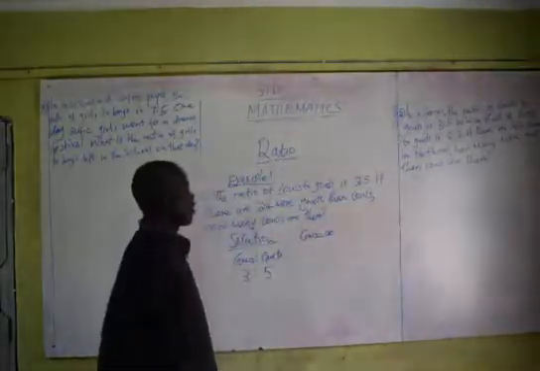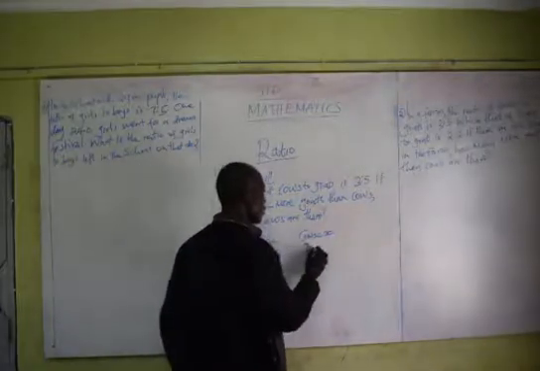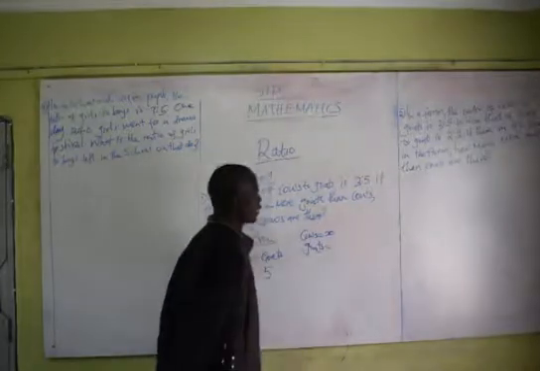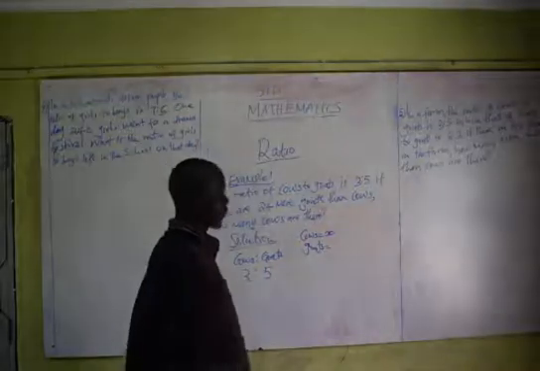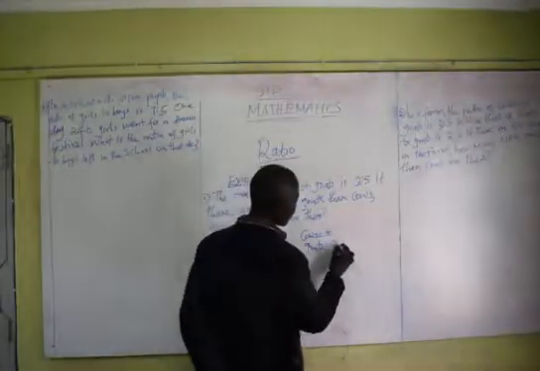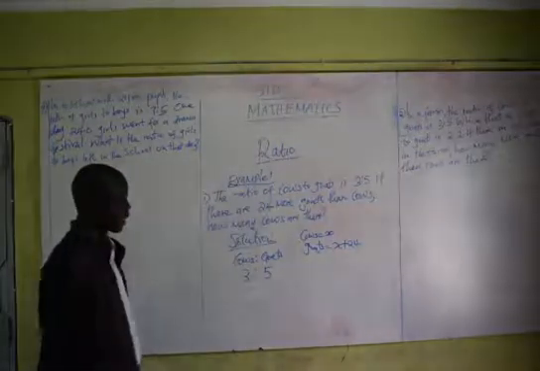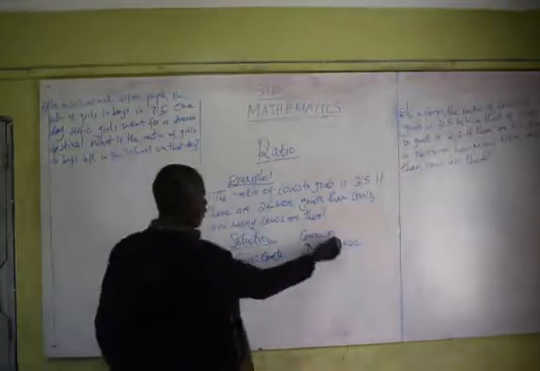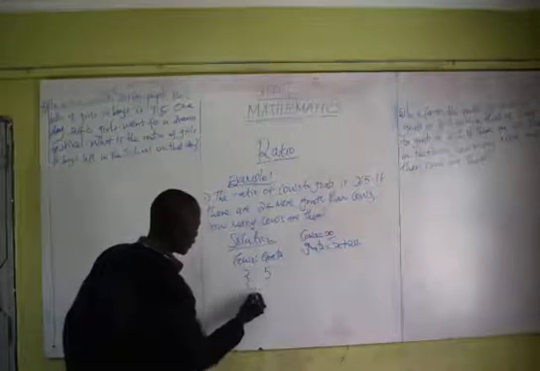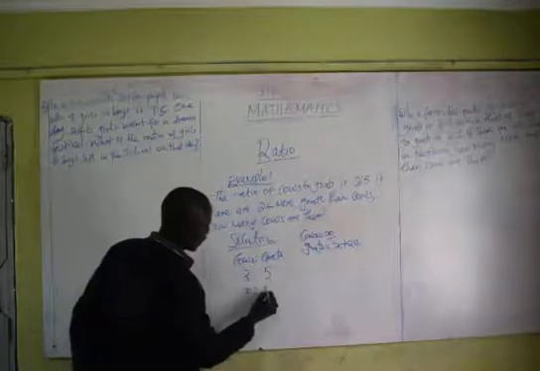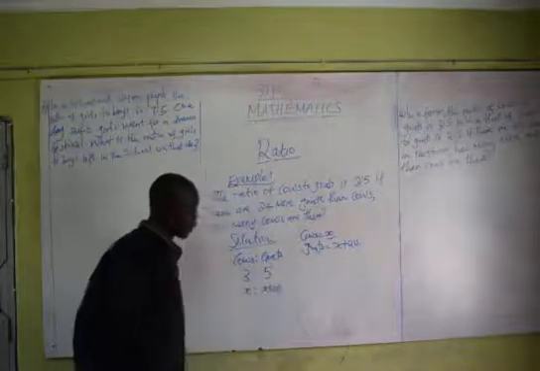That means the number of goats is 24 more than cows, that is x plus 24. So the ratio is x to x plus 24.